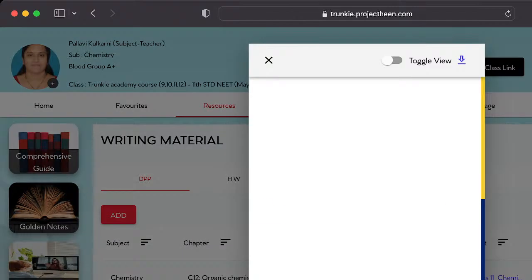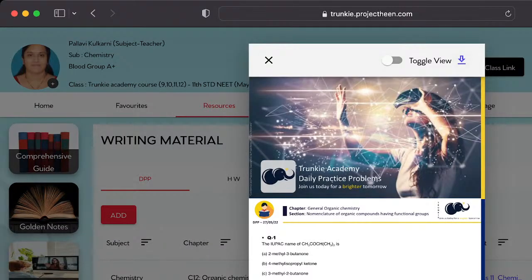You can download it here, write down the solutions of all the questions on a paper or a notebook, take a picture of the solution, and upload the image here in your portal. The teacher will be evaluating it and sending you suggestions and corrections wherever required.